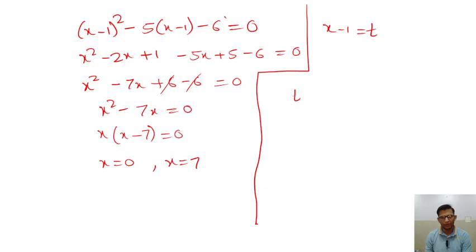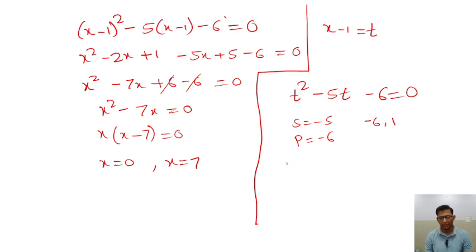So the equation reduces to t square minus 5t minus 6 equal to 0. Now the sum is minus 5 and the product is minus 6. So I can break it as minus 6 and 1.